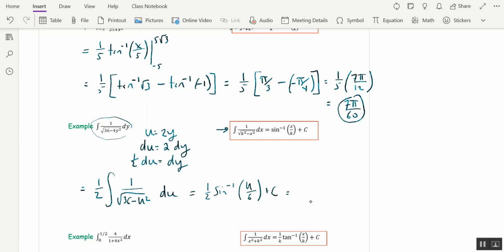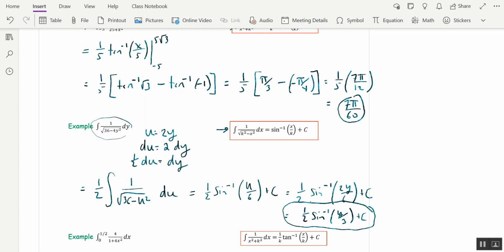And now we back substitute to leave our answer in terms of y's. So this is 1/2 sine inverse of 2y over 6 plus c. Finally, clean that up: 1/2 sine inverse of y over 3 plus c.